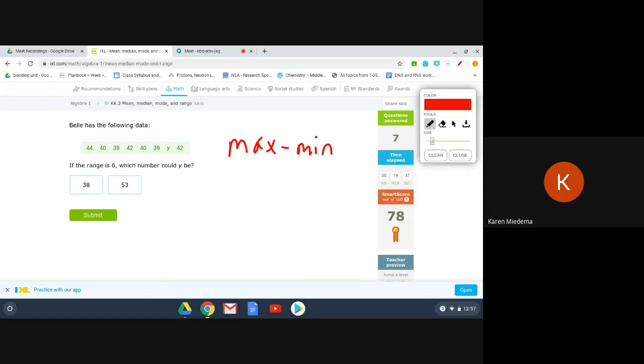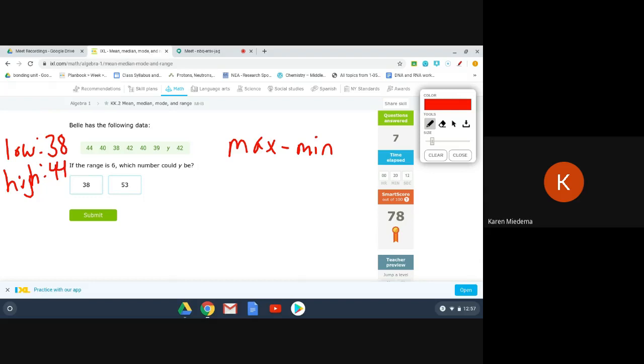Without including the value of Y, I see that my lowest value right now, my minimum, is 38. And my maximum right now is 44. So it says if the range is 6, which number could Y be?